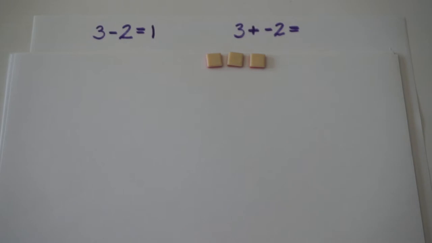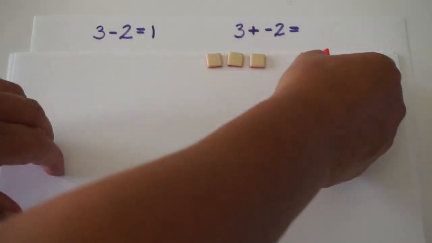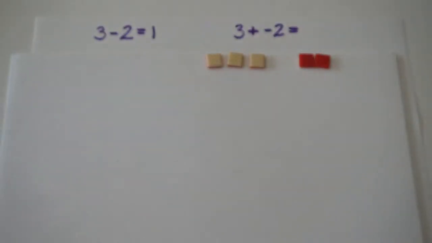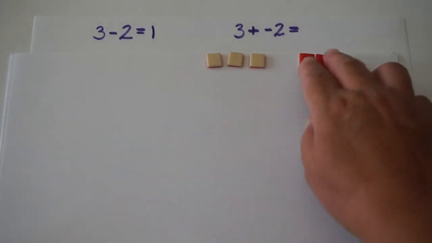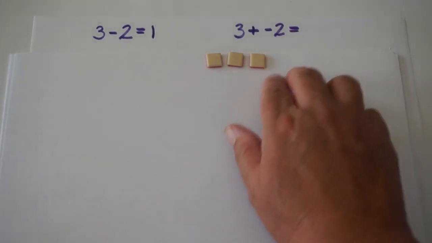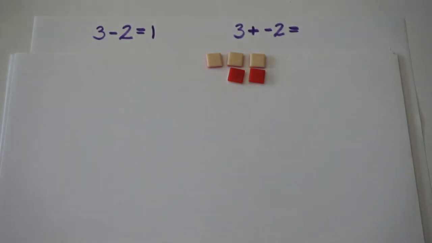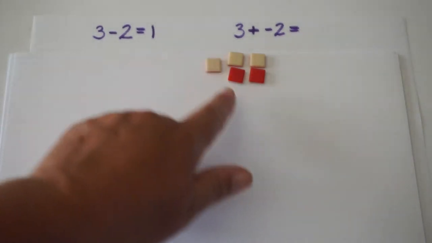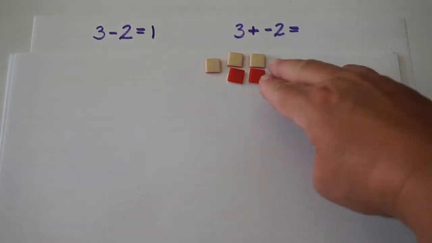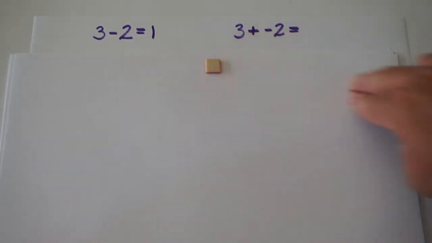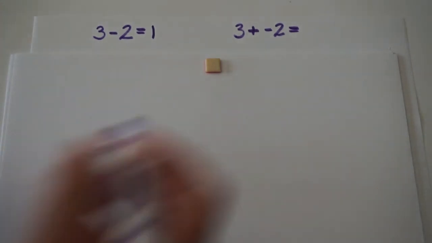Now I'll create another set for the other addend, negative 2, and we push those sets together. What happens when we do that is that 2 zero pairs are created. So what I have is 1 plus 0 plus 0. So the zeros can be removed and we're still left with 1.